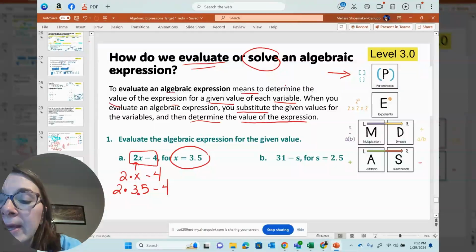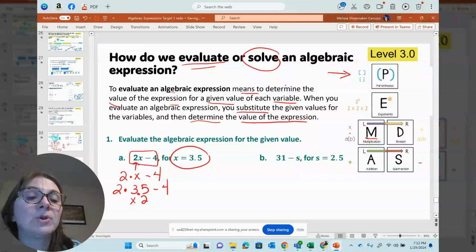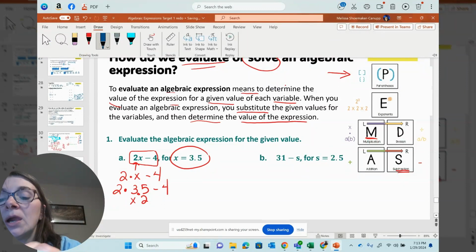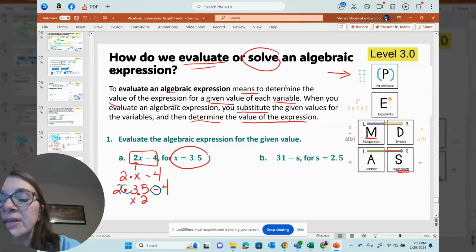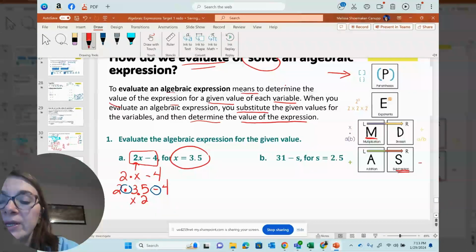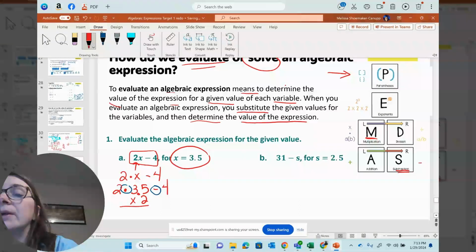I'm going to go ahead and do my multiplication because according to my PEMDAS, multiplication comes before subtraction. And that's the two operations that I have in here. Okay, so 3.5 times 2. I'm doing this problem right here.